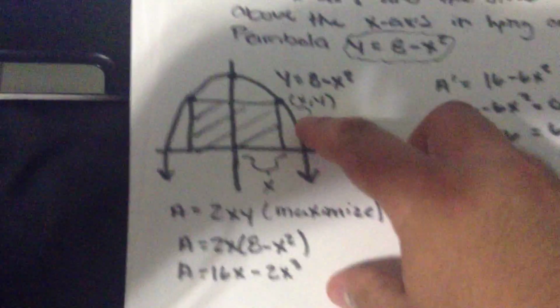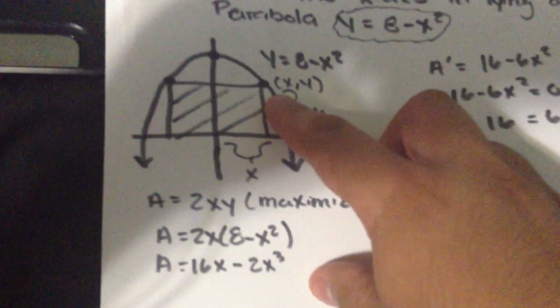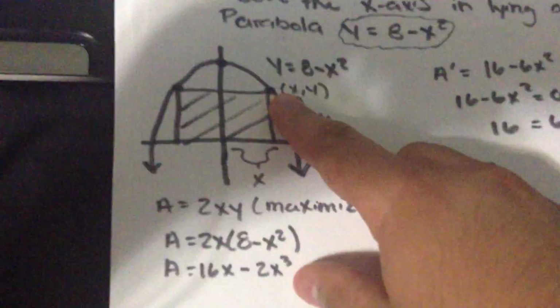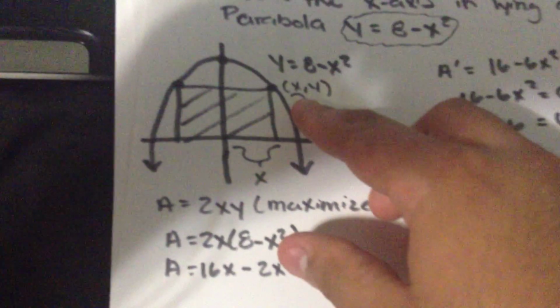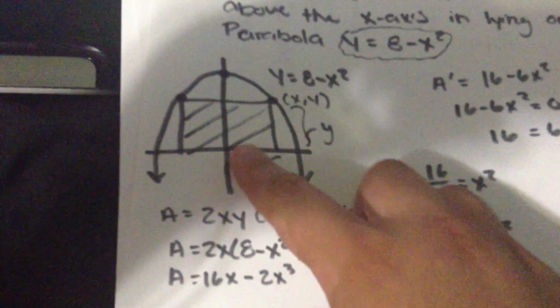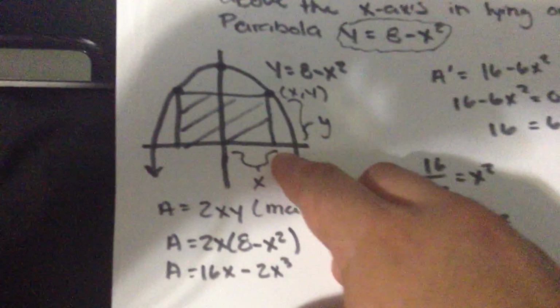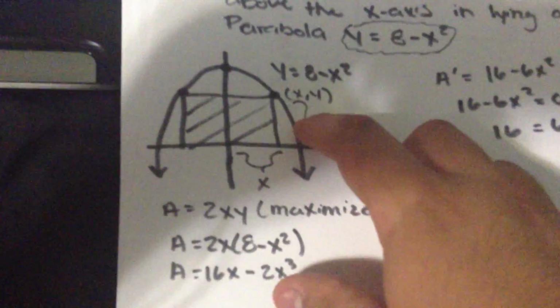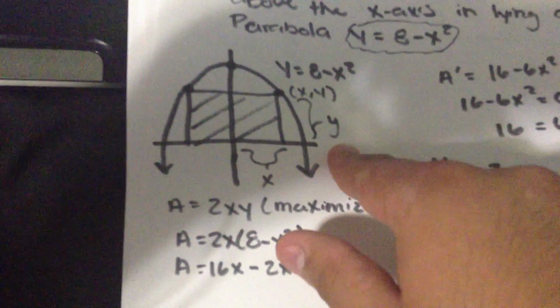And so the way I'm going to start is, a generic dimension would be x and y, it just shows us this distance will be x and this distance will be y units.